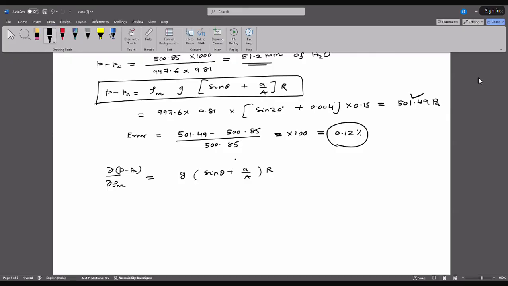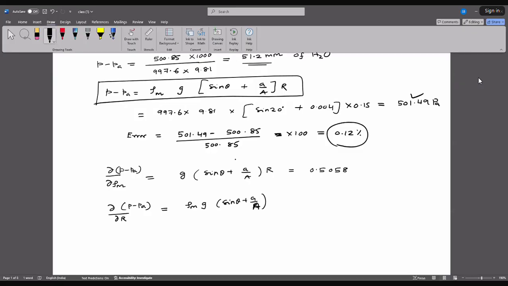If you calculate, this will give you 0.5058. Similarly, if you calculate dou P minus PA over dou R, that will give you rho m g into (sine theta plus A by A).